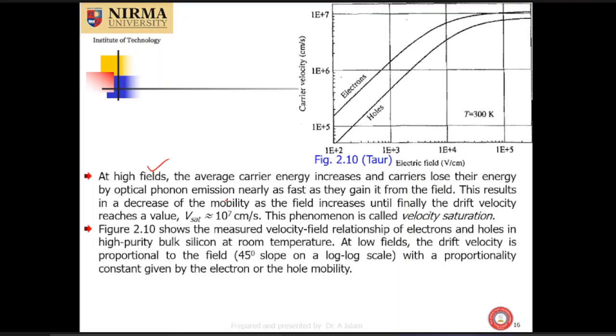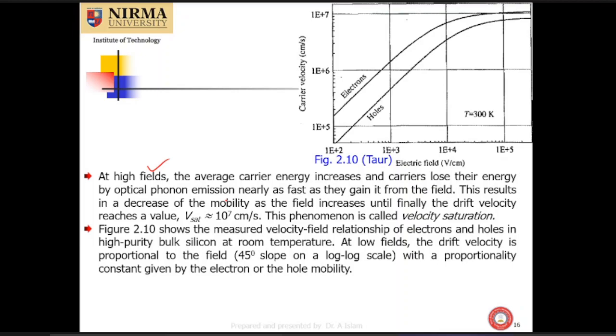This results in a decrease of the mobility as the field increases until finally the drift velocity reaches a value of Vsat. Vsat is the saturation drift velocity, 10 to the power 7 centimeter per second. This phenomenon is called velocity saturation.